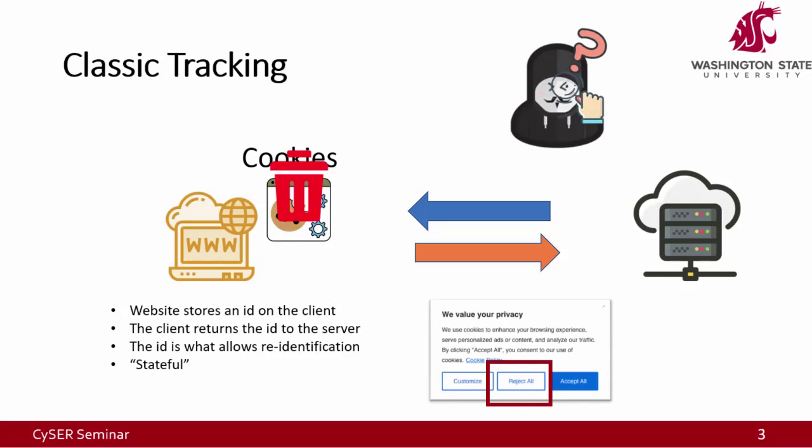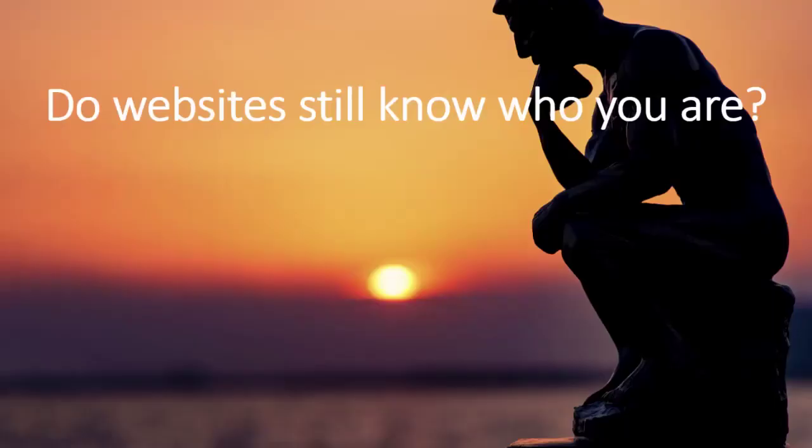We remove the cookies from our computer. In this way, the cookie is gone, so the link is gone. So the websites do not have a way to track us, right? Do they? The websites can still know who you are without cookies.